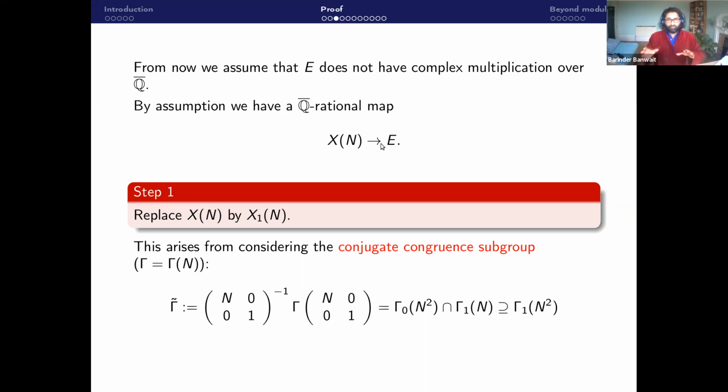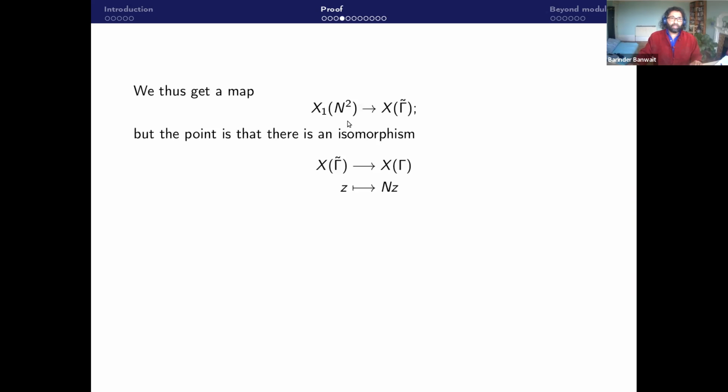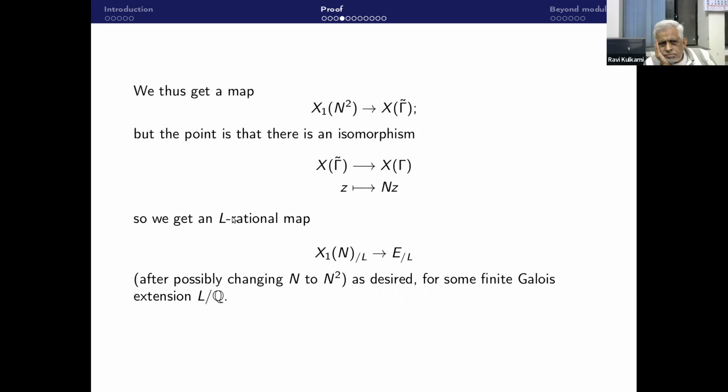But in the proof, we don't know that at this point. So that's why possibly one may have to go up to level n squared. And then we get an L-rational map from X1 of n to E. So the n might have become n squared in this equation here.